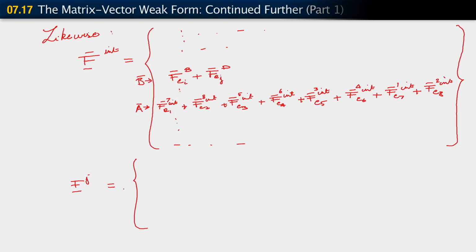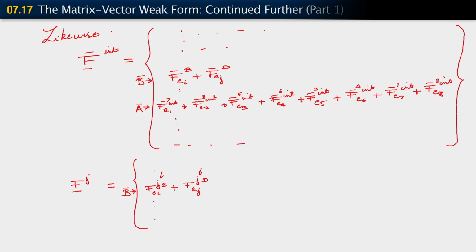If B̄ finds itself on one of the Neumann degrees of freedom, the degrees of freedom on which we have Neumann boundary conditions specified, then we would have here F^J, element E_i contribution from local node B, plus F^J, element E_j contribution from local node D. Just note that the J I'm using here is a superscript to indicate that this contribution to the forcing comes from the Neumann boundary condition that we're writing as Γ_N.